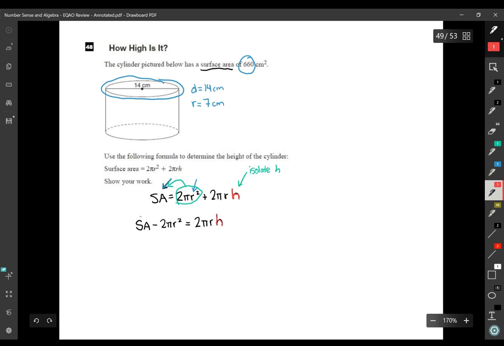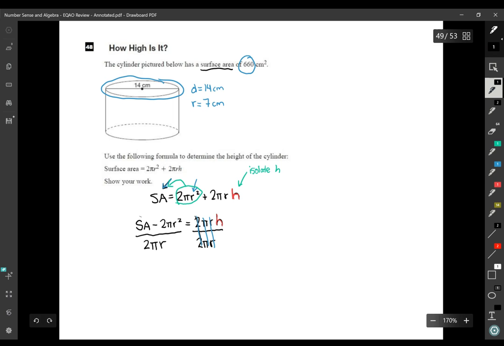Now to isolate h, we need to divide both sides of our equation by 2 pi r, because that cancels everything out here and leaves us with only h.